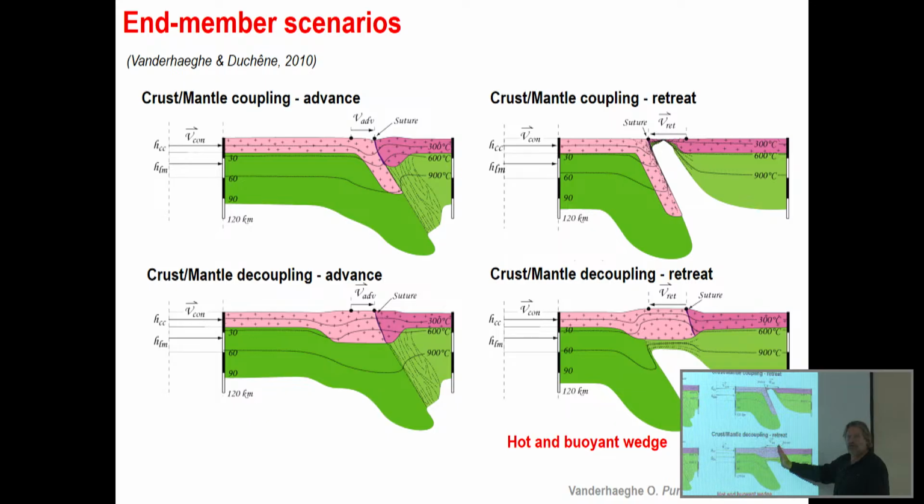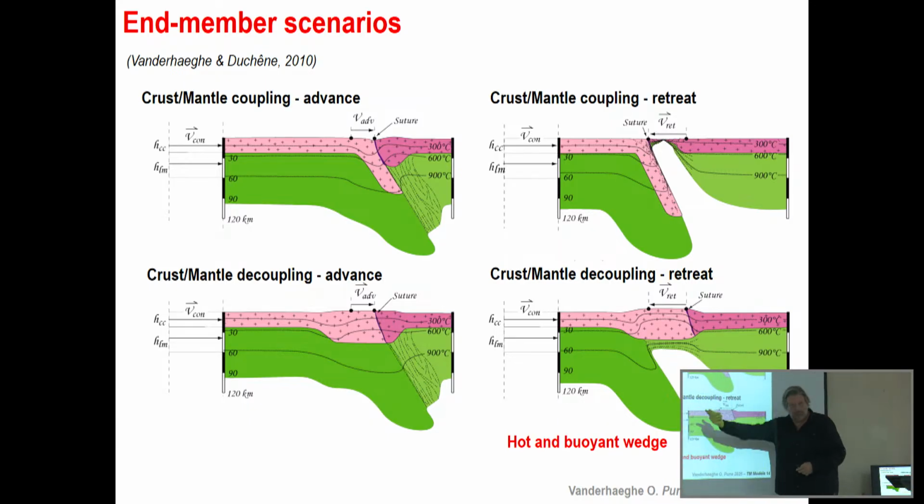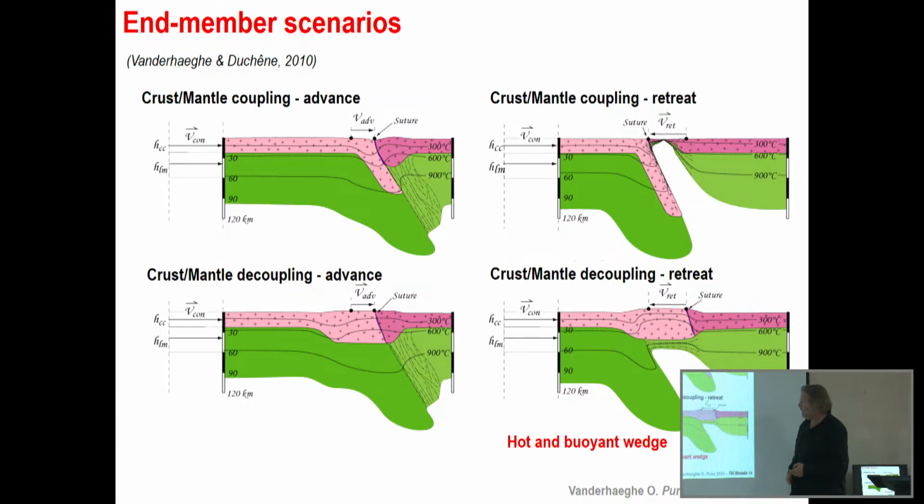And the suture is here, nothing happens to this side of the suture. It's pretty much what we see in the Western Alps and in the Aegean, where most of the deformation occurs ahead of the overriding plate, not in the overriding plate.